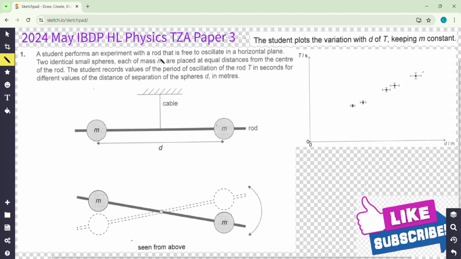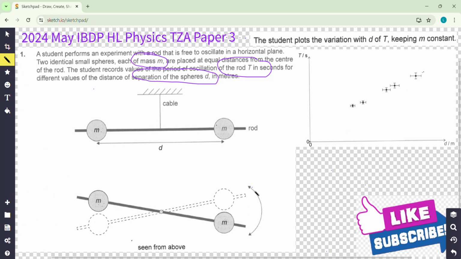It said that mass is fixed and then investigate the period against the separation of the spheres. So period T is the dependent variable, D is the independent variable, and M is the controlled variable because they want to study the relationship between T and D, not M.